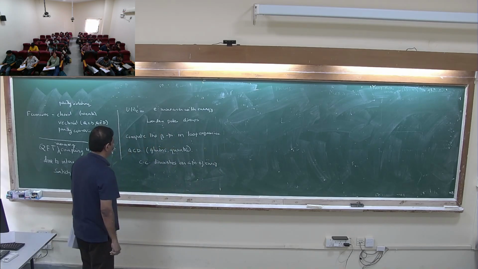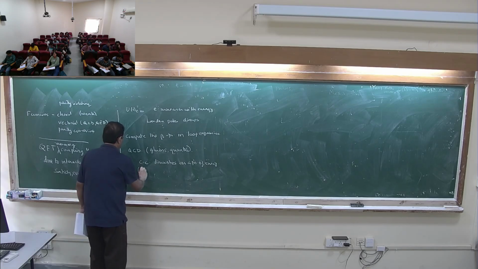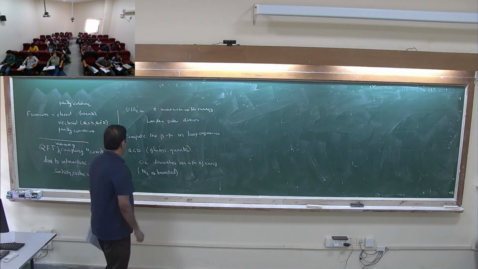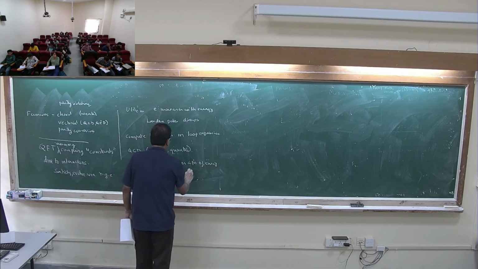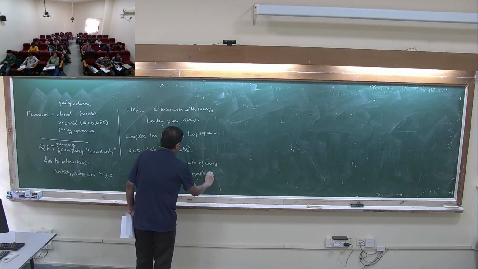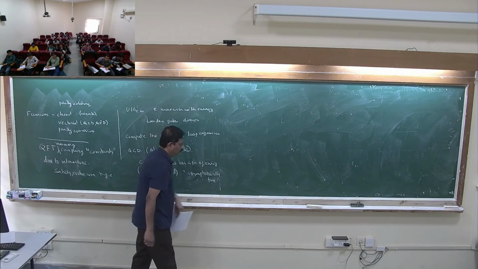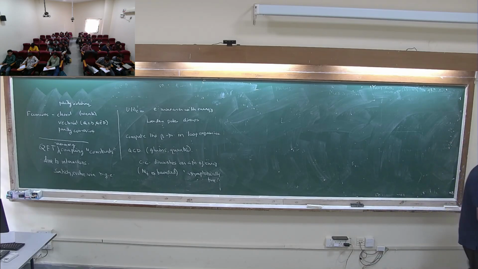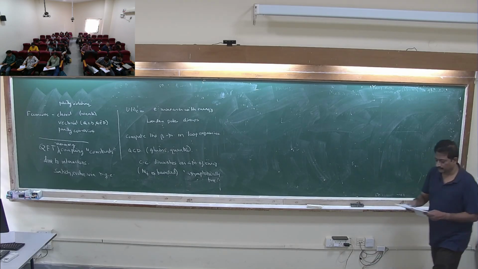Not for all theories, only when the number of flavors is bounded by some number, and such theories are called asymptotically free. In the standard model at one loop, you can compute the beta function.